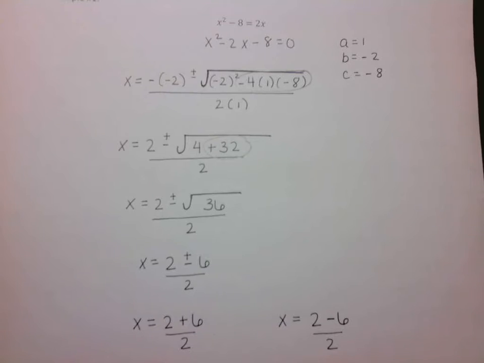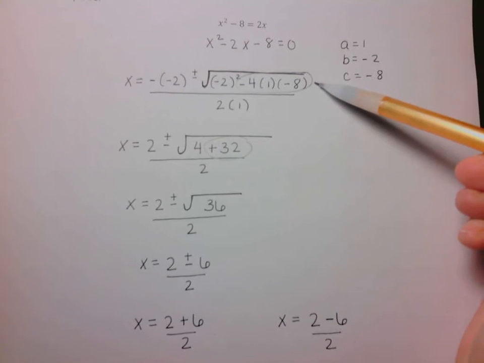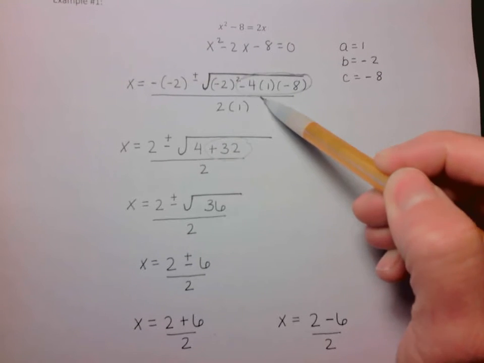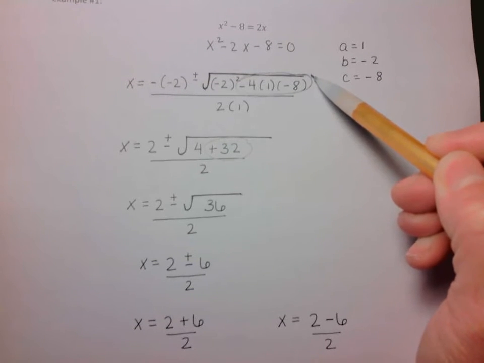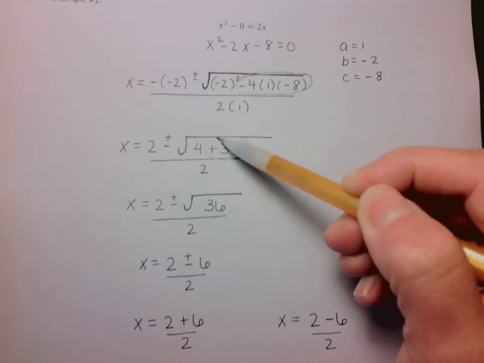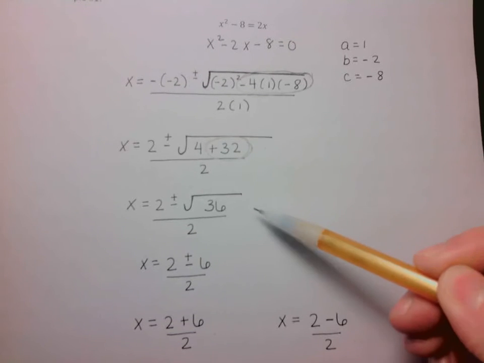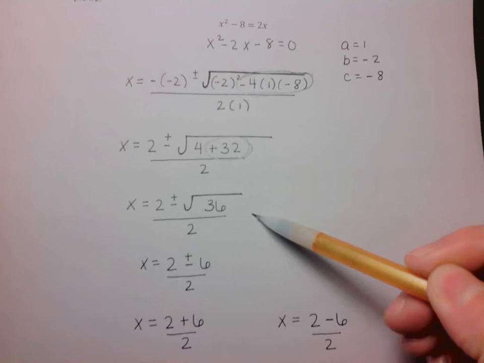And so this is the biggest mistake students make. You have to take -4 times -8 first, before you do any addition underneath the radical symbol. But once I do that, then I just continue simplifying.